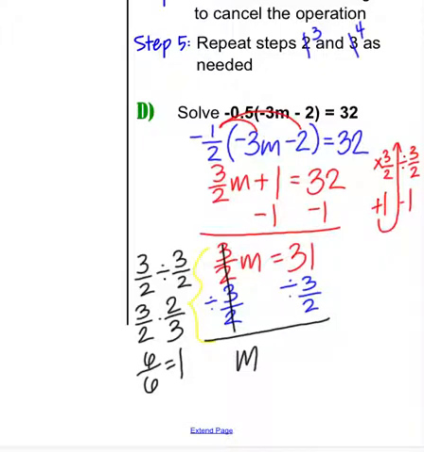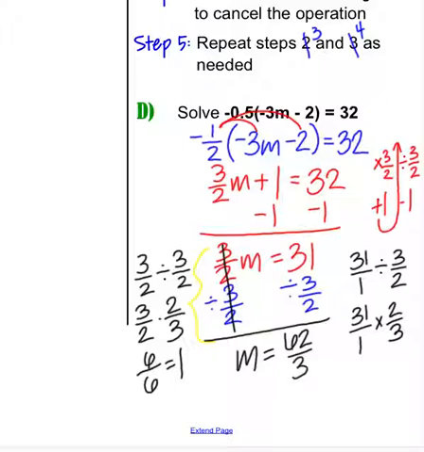Now, 31 divided by 3/2, 31 over 1 divided by 3/2 is equal to 31 over 1 times 2/3, which we don't have any common factors, so we end up with 31 times 2, which is 62 over 3.